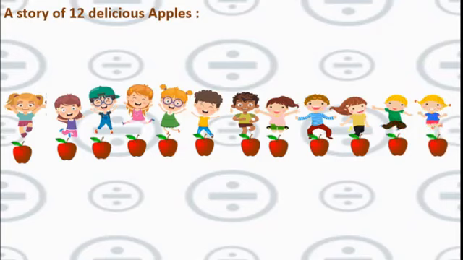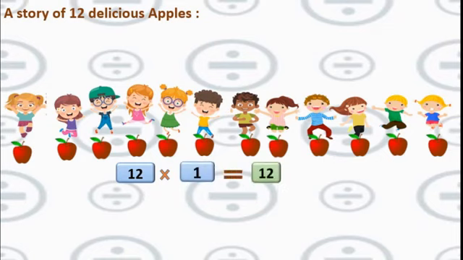Yes, dear students, here 12 apples were there and 12 students were there. Isn't it? So each child got one apple. We will write 12 children multiplied by 1 because each child got 1 apple. So 12 ones are 12. In the division format, 12, that is total number of apples divided by 12 number of students.